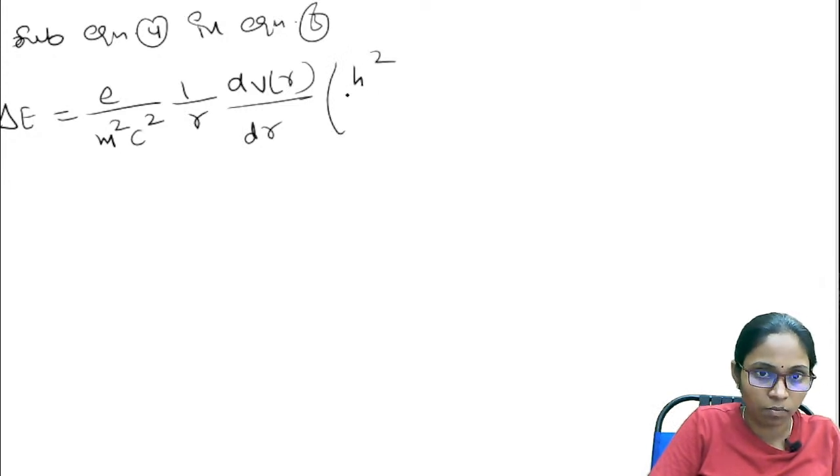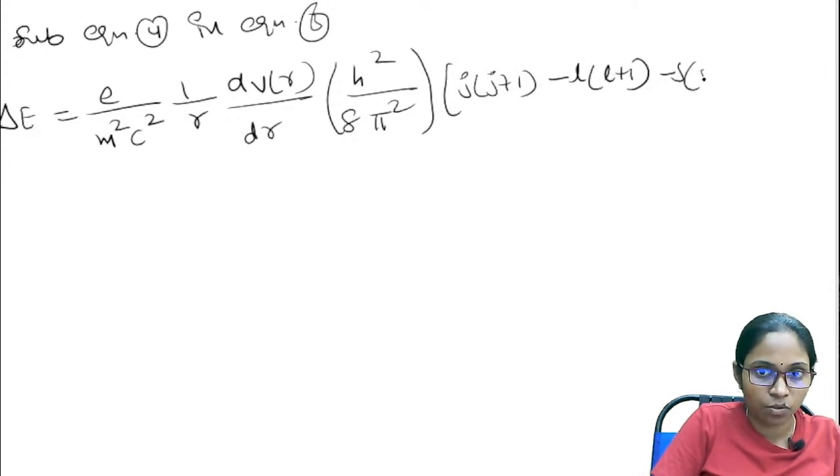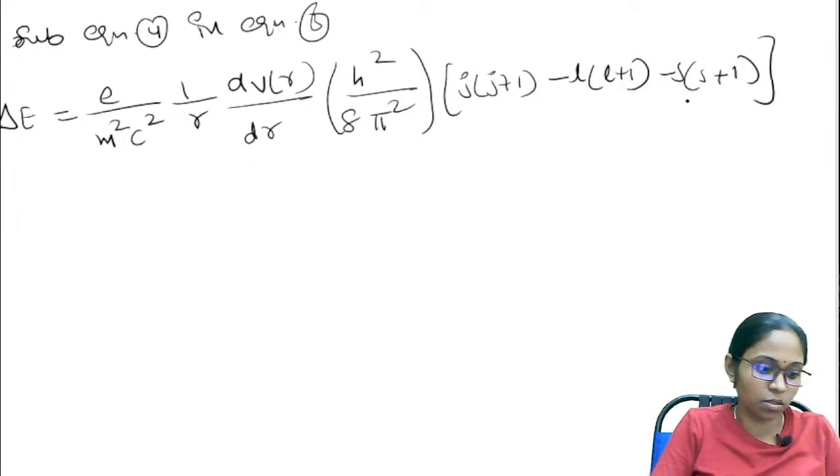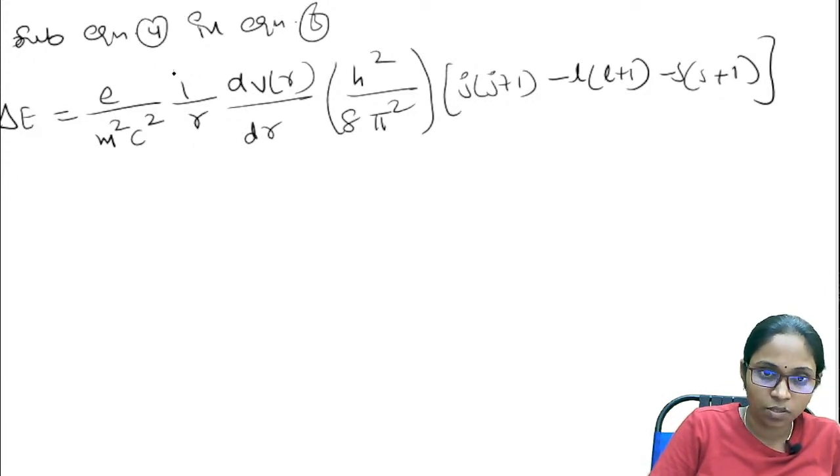H square by 8 pi square, into J into J plus 1 minus L into L plus 1 minus S into S plus 1.